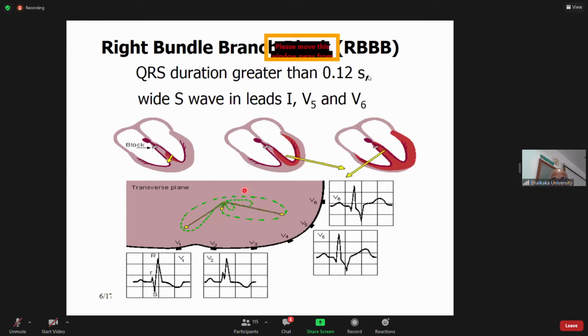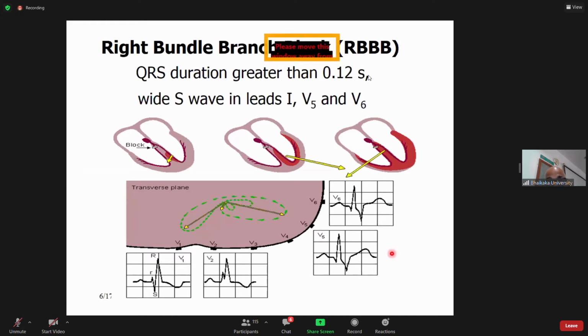So the result is the electrical vector directions will change. The instantaneous vector directions will change. So the mean electrical vector direction will change. One, the mean electrical axis will change. Second, the kind of deflection which you see in the leads, particularly in the V1 to V6 leads, will change.